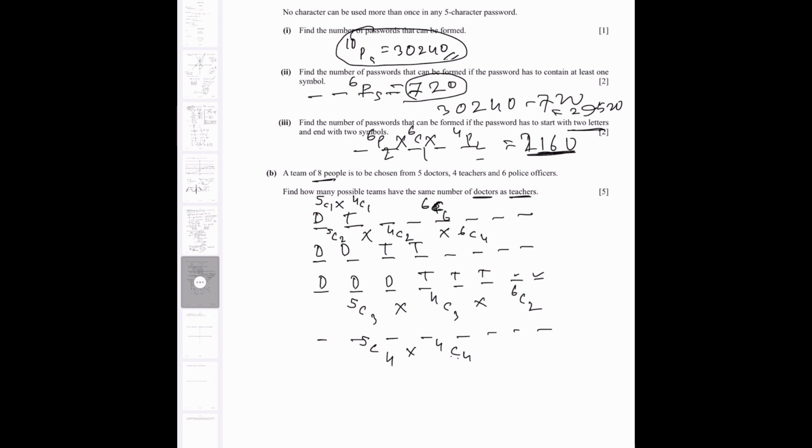Now multiply all this: plus 5C2 into 4C2 into 6C4, plus 5C3 into 4C3 into 6C2, plus 5C4 into 4C4.